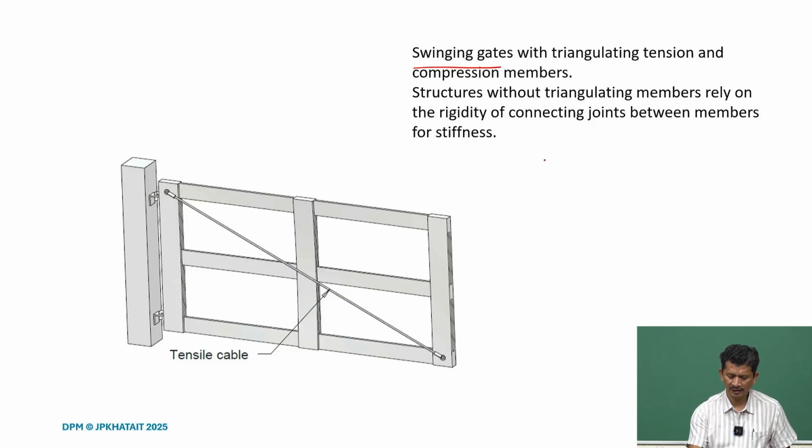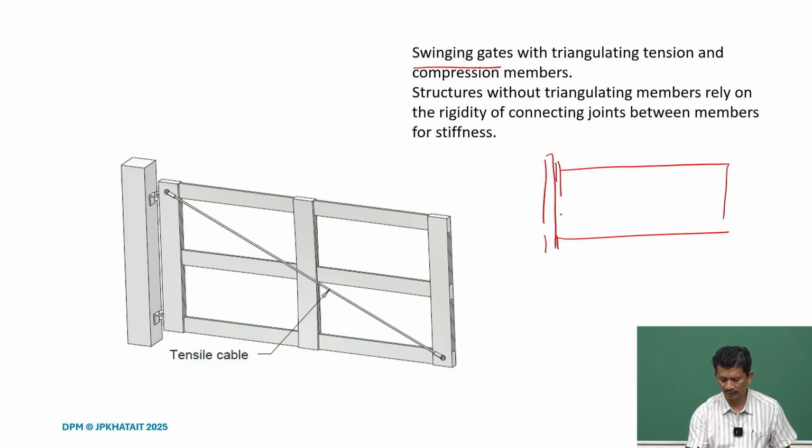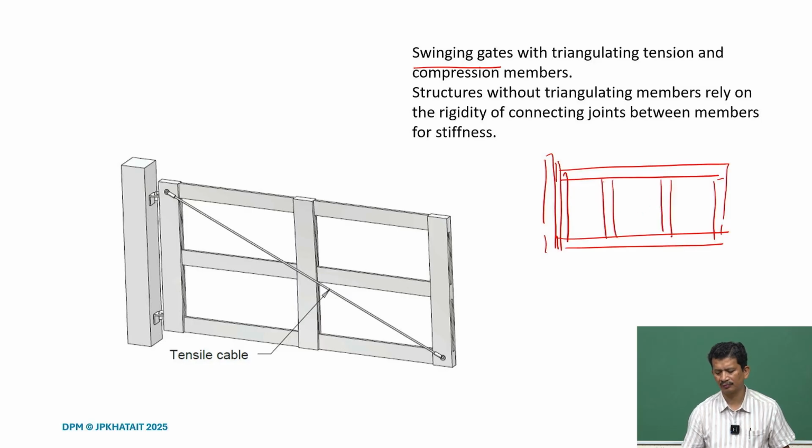What we realize is that with these kinds of structures, so there are hinge joints here, maybe we have many parallel members.